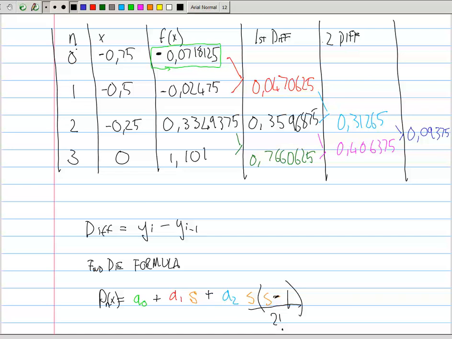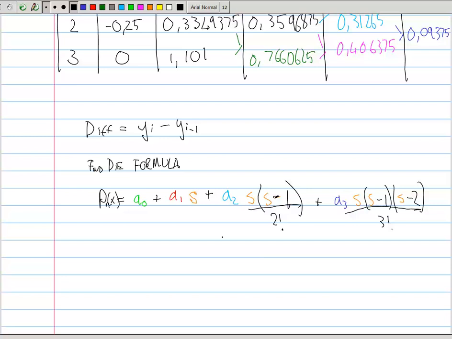We would continue this onwards. Plus, I'm just going to do a third term to show as well: a3 multiplied by s, s minus 1, s minus 2, all over 3 factorial.